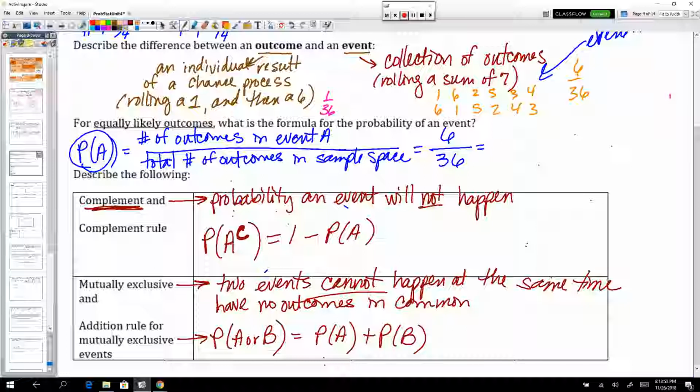It's a pretty simple rule. The problem is people usually forget that they have to check to make sure that the events they're adding together are mutually exclusive. You can't use this addition rule for events that could possibly happen together at the same time. We have a different rule for that. So make sure that when you add the probability of A plus B, you're looking at two different events that can't happen at the same time.